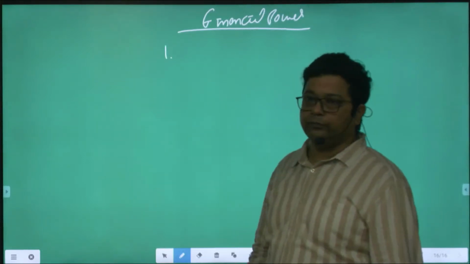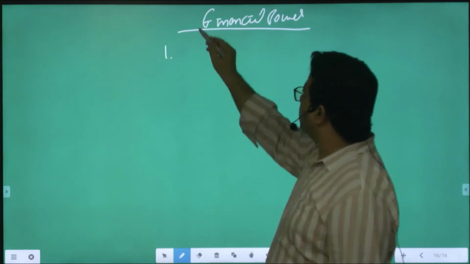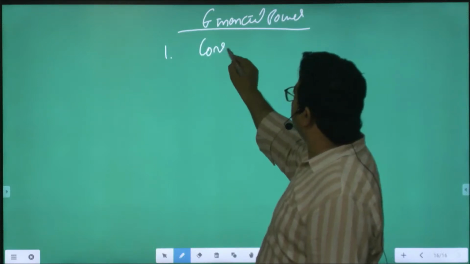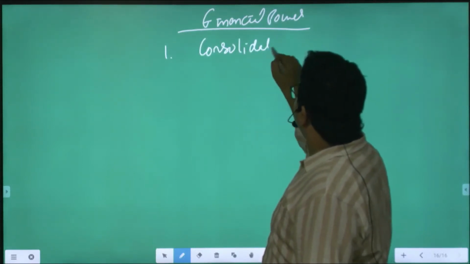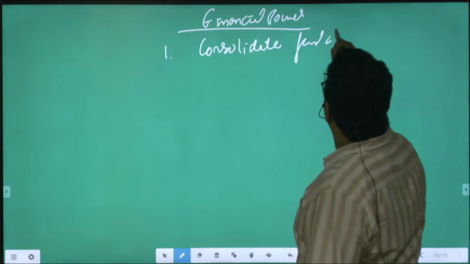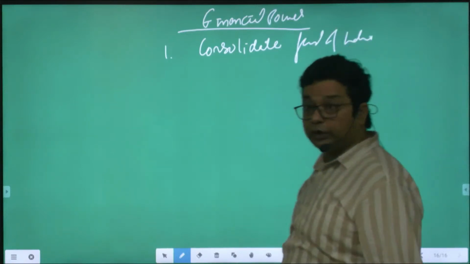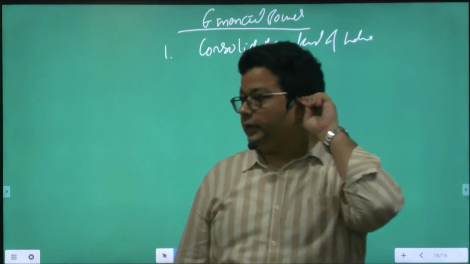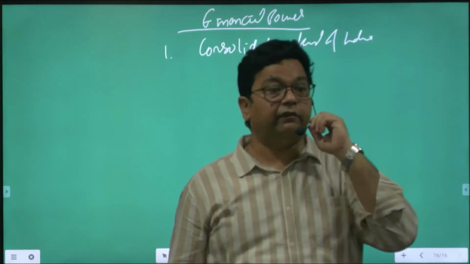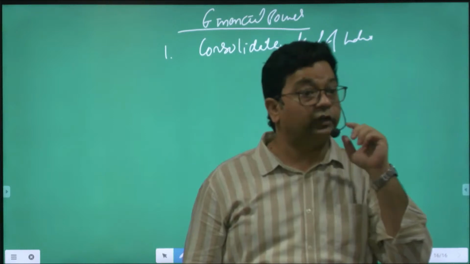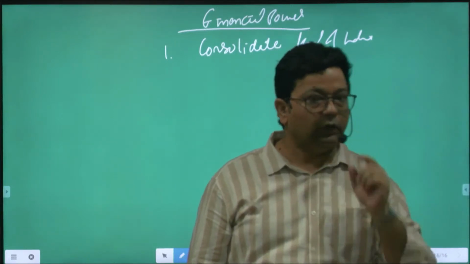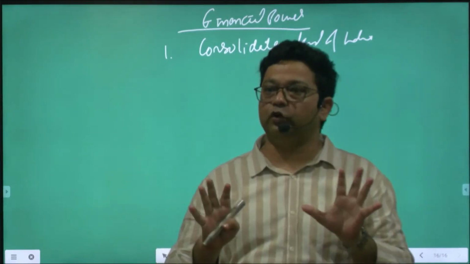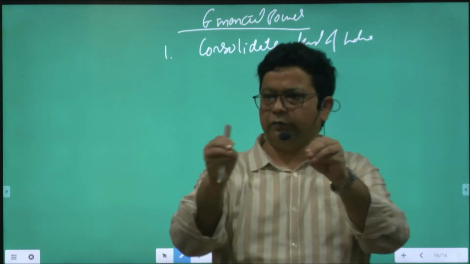First, having control of the consolidated fund of India. Authorization for withdrawal of money from the consolidated fund of India is required. The government should have an authorization from the parliament. Any kind of expense they want to do will be done from the consolidated fund of India.